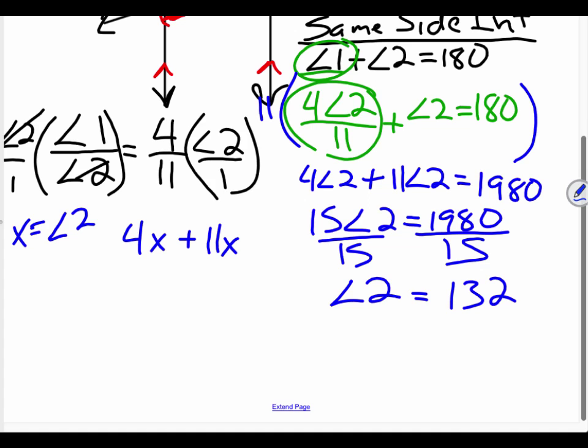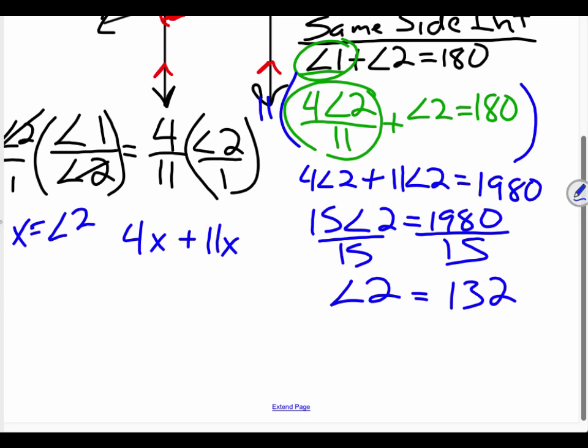You guys with me on this so far? Before I move forward, are there any questions as to why I did what I did when I did it? We all understand this? All right, so that's angle 2.